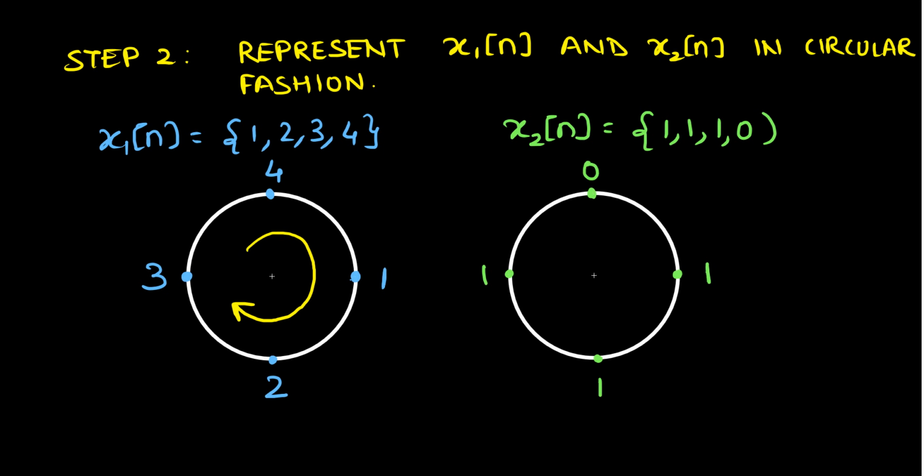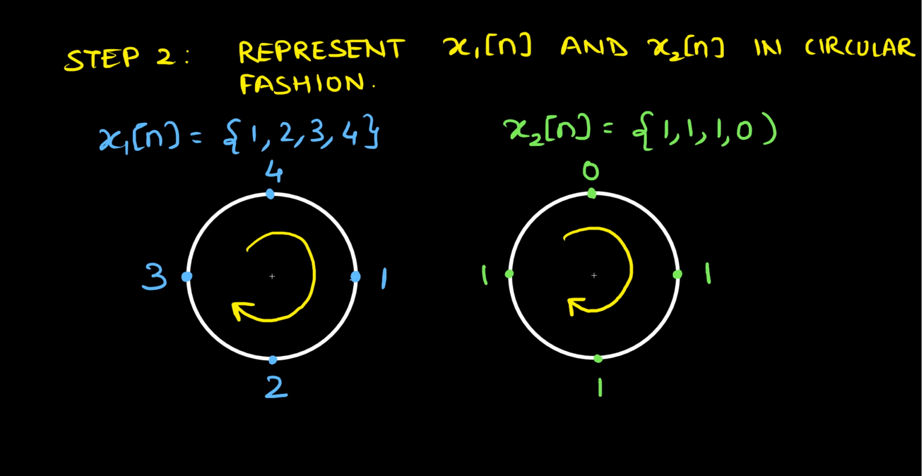So this is x2 of n, and this is the increasing direction of n. Now we need to keep in mind that the location of n equal to 0 should be taken same for both the cases, as well as we need to keep the direction of increasing value of n same in both the cases.